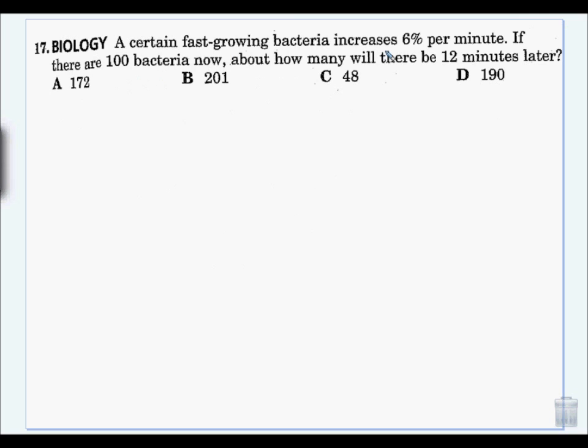A certain fast-growing bacteria increases 6% per minute. If there are 100 bacteria now, how many will there be in 12 minutes? This is that one where we use our formula, y is equal to 1 plus our rate raised to time.